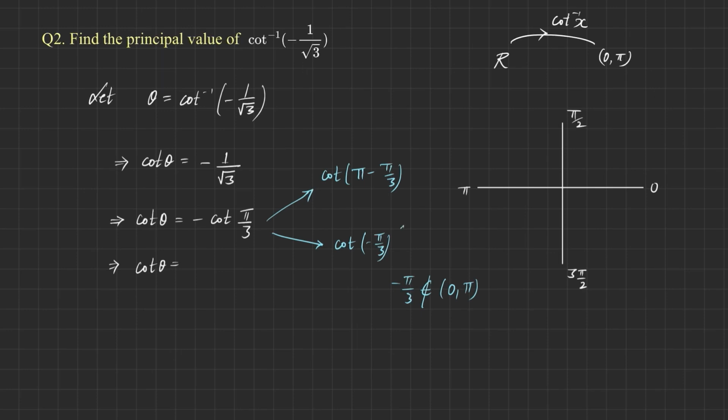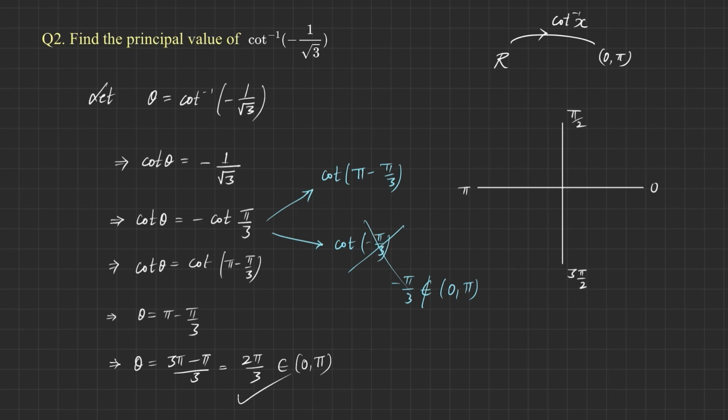So we will neglect this, and write minus cot pi by 3 as cot of pi minus pi by 3. That means theta equals pi minus pi by 3. This simplifies to theta equals 3 pi minus pi all over 3, which equals 2 pi by 3, and this 2 pi by 3 belongs to 0 to pi. So hence 2 pi by 3 is my answer.